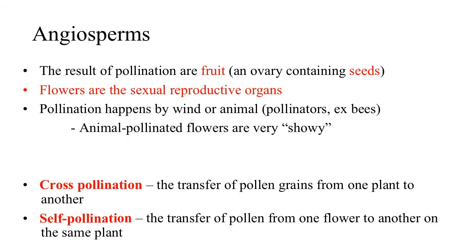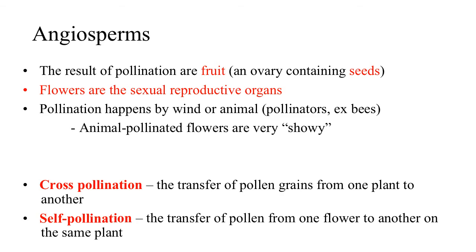If we move on to angiosperms, you may recall that angiosperms are plants that flower. And the result of pollination of these flowers are going to be fruit, and this fruit will contain seeds.